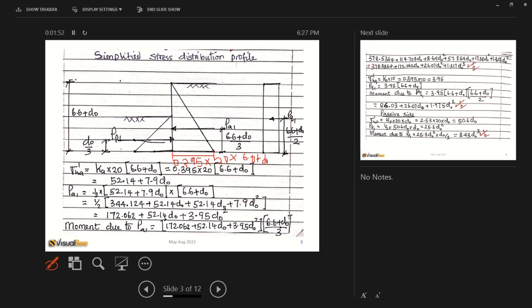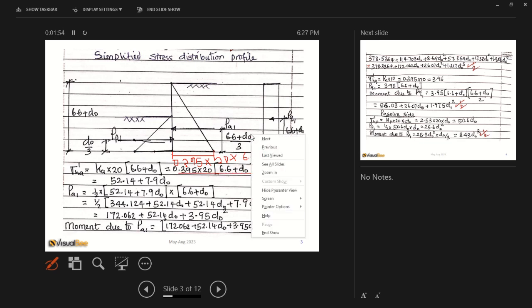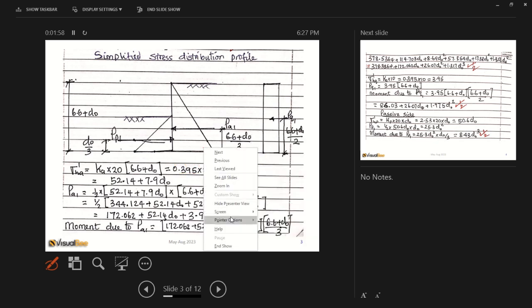Basically that's what this value is. It's already written there. So this is the value at the bottom.